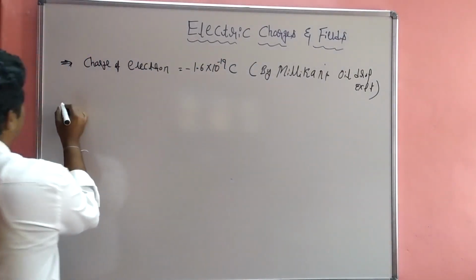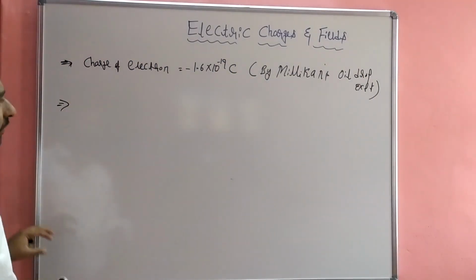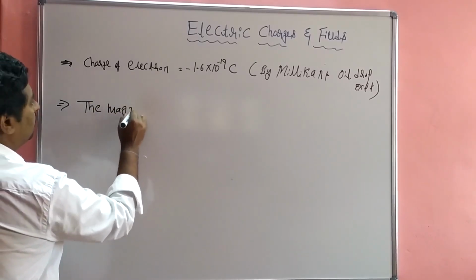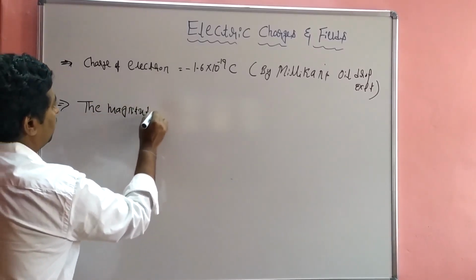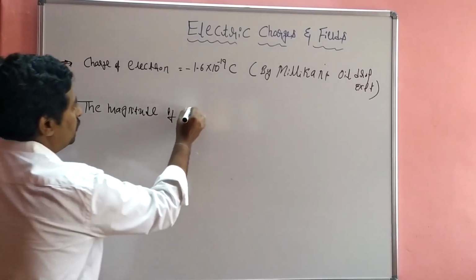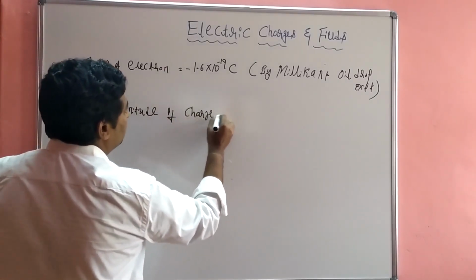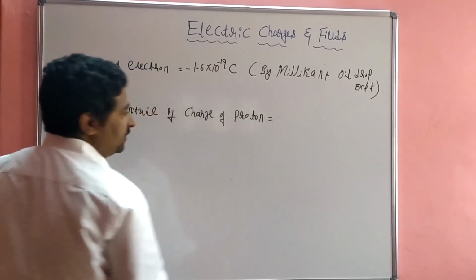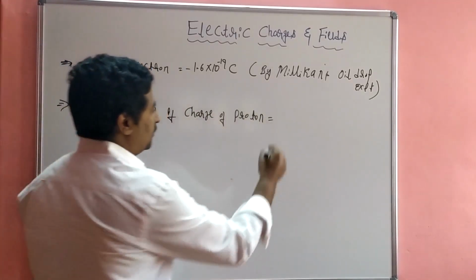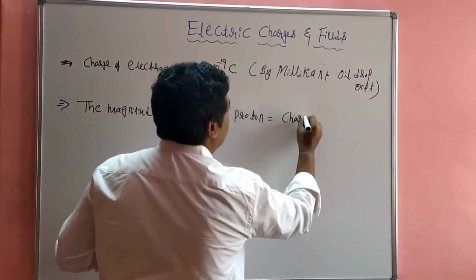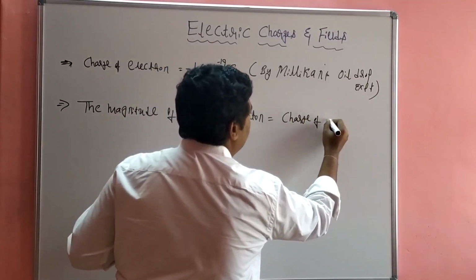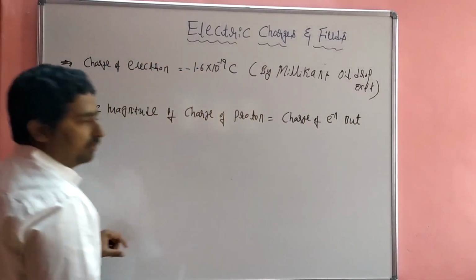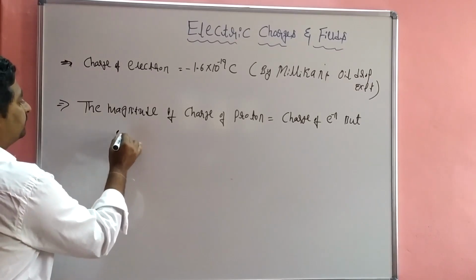The magnitude of charge of proton is equal to charge of electron, but in opposite sign.